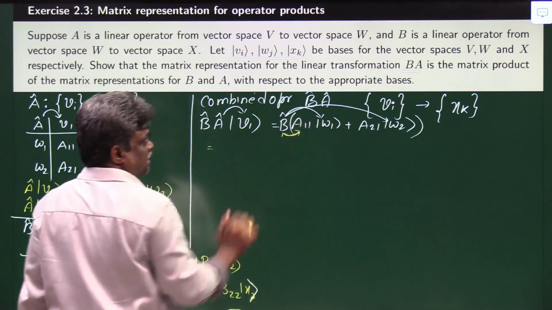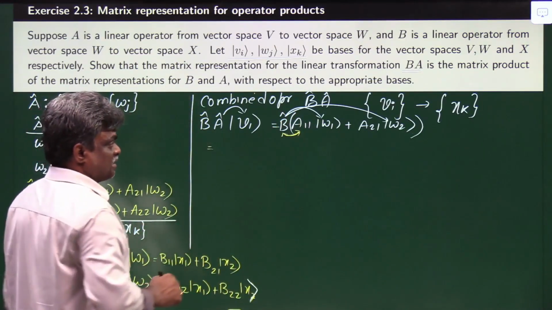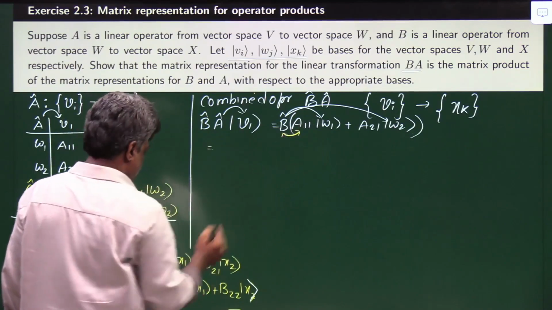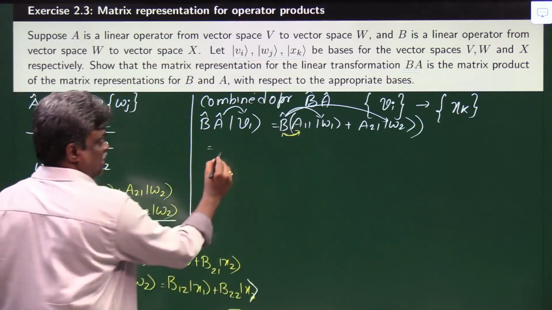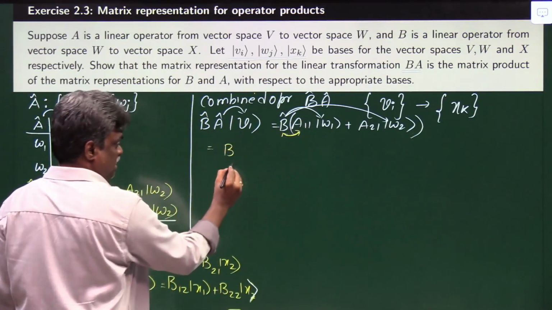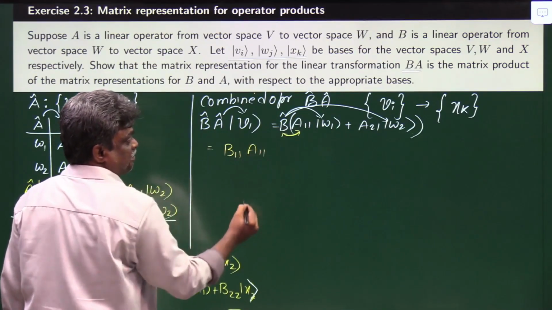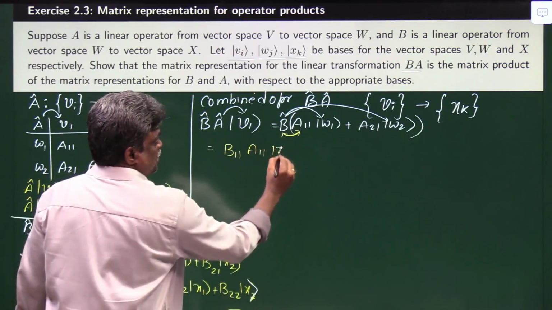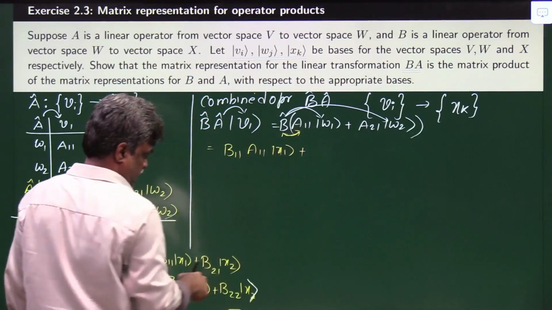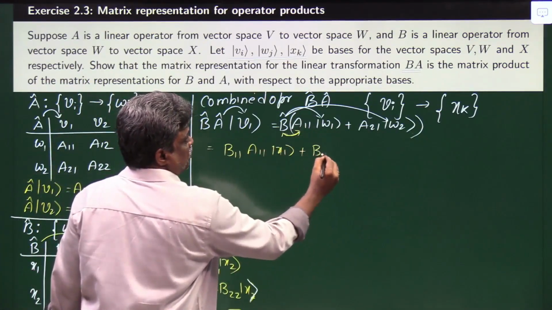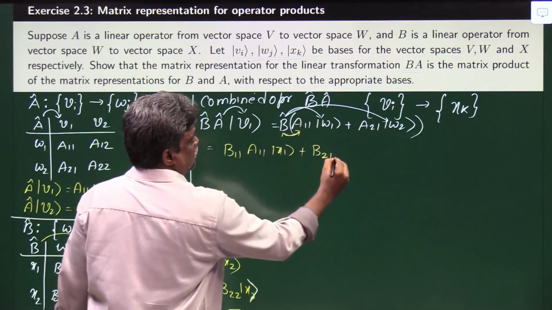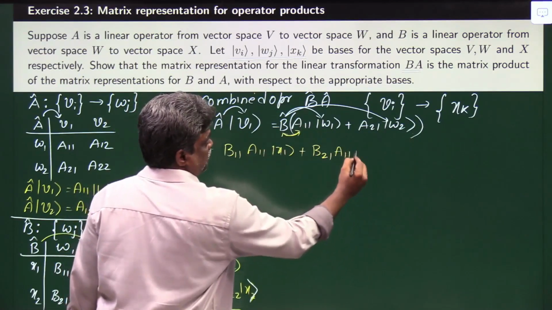So let it be like this only. Don't interchange the places. Now B operates on W1, you have a linear combination. First place is B only, B11, and give the space for that A11. And as usual X1 plus again first place is B21 and the second place keep that for A11 X2.